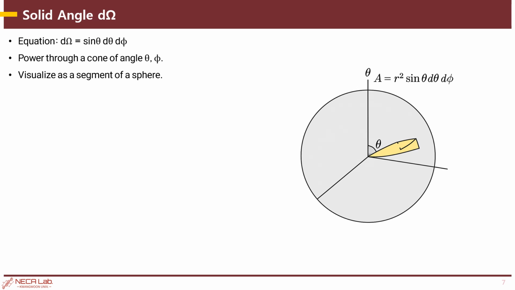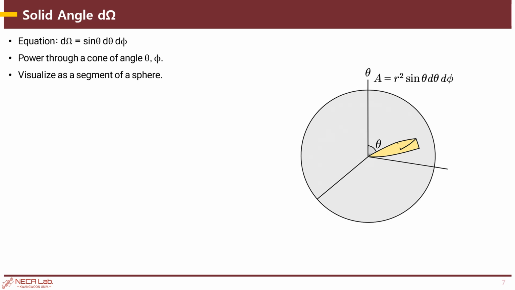Now let's look at the solid angle. Here the first equation represents a small portion of a sphere in terms of the angular coordinates. It helps us understand how power flows through a specific cone of angle theta and phi. Think of it as a slice of a sphere, helping us analyze how much energy is radiated in different directions.